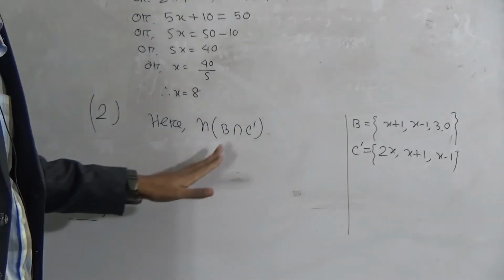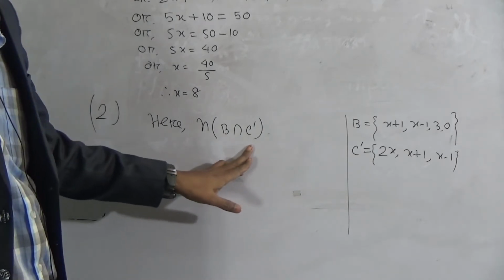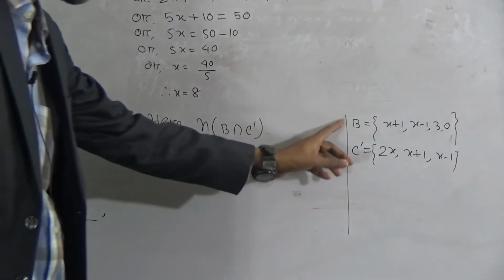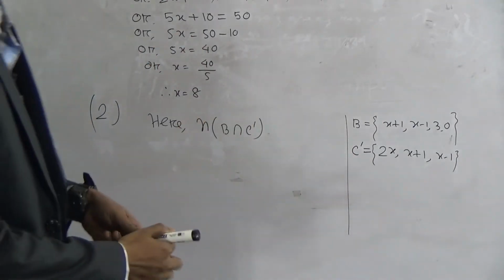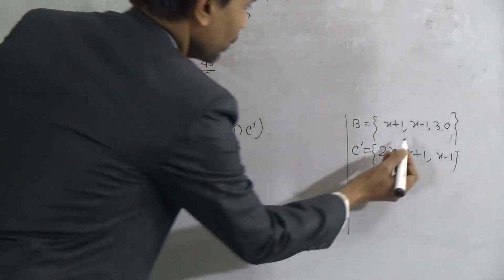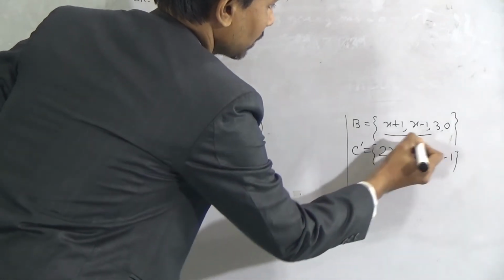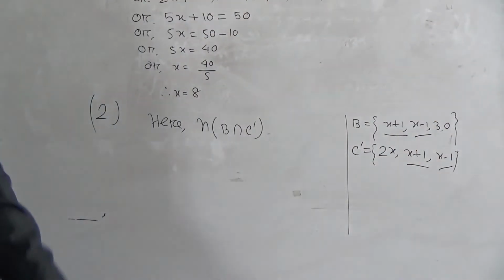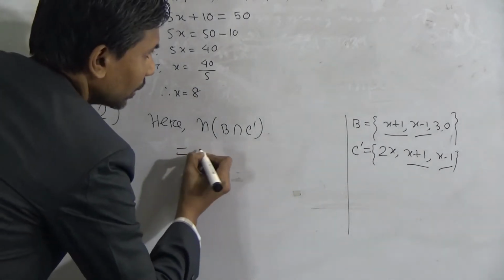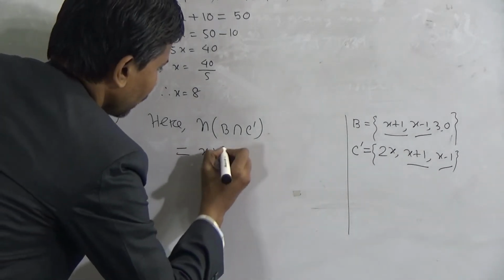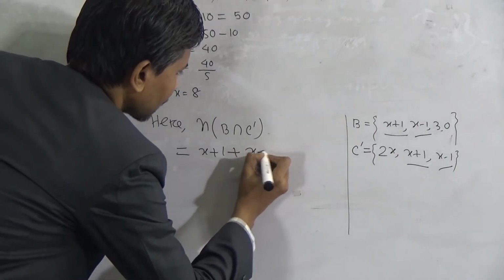Now you see B intersection C complement. That means between B and C complement, which one is the common set or common elements? You see x plus 1 and x minus 1. Therefore, we can write x plus 1 plus x minus 1.